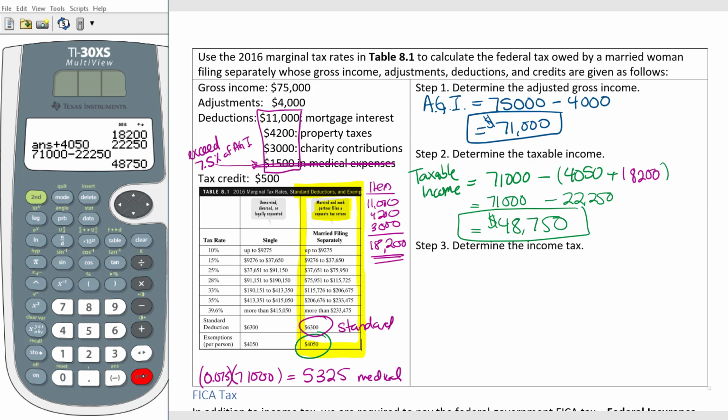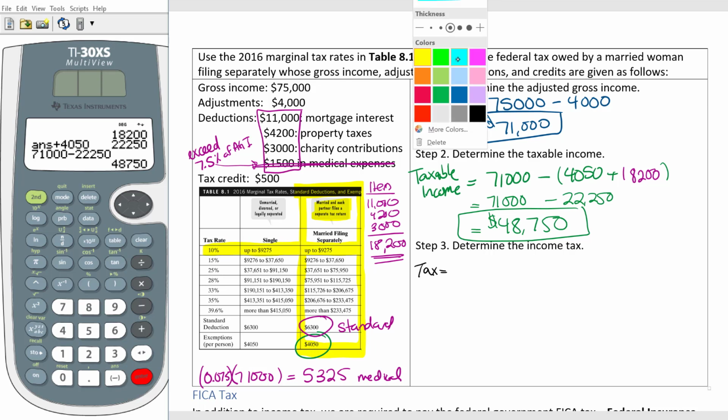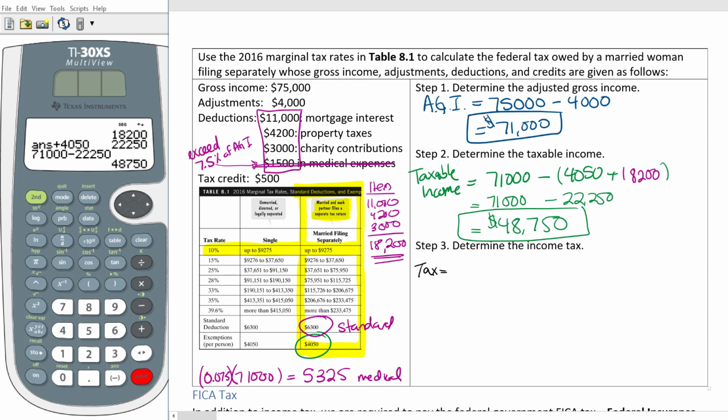All right, now we actually have to find the tax. Okay, so I'm looking at the tax brackets. Because I have 48,000, it looks like I'll have some in the 10% tax bracket up to $9,275. I'll also have some in the 15% bracket.